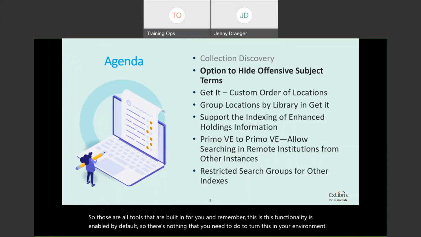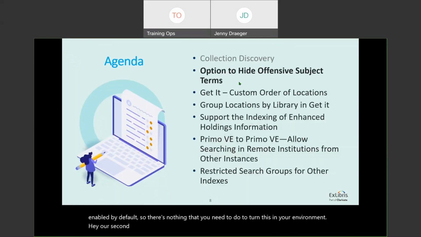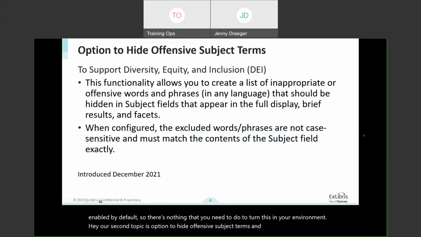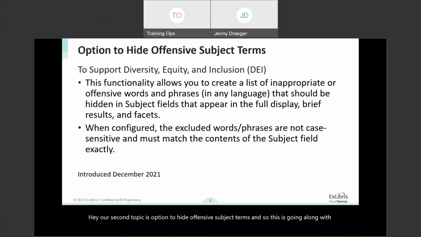Okay. Our second topic is the option to hide offensive subject terms. And this goes along with supporting diversity, equity, and inclusion, or DEI programs, or I guess programs isn't the word, but movements or whatever.